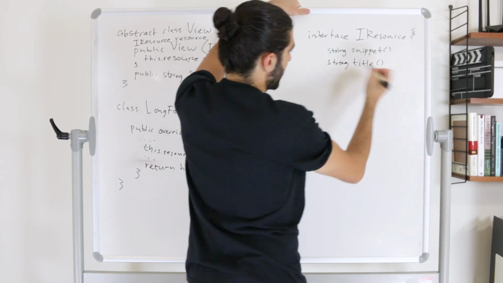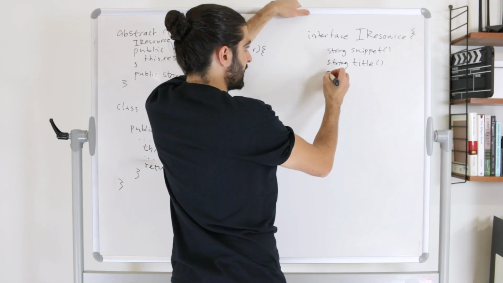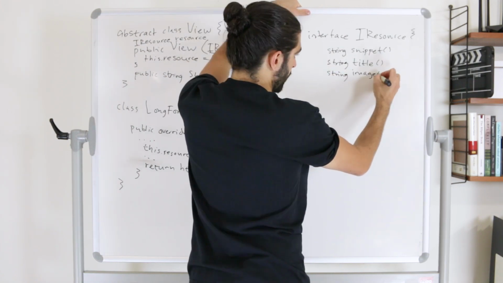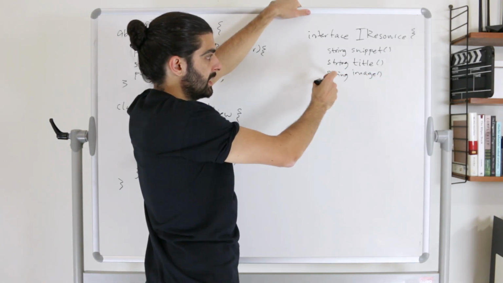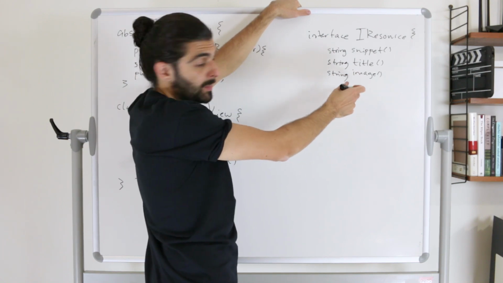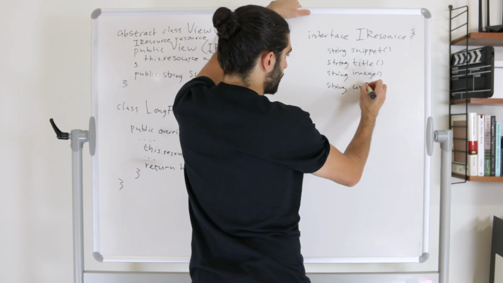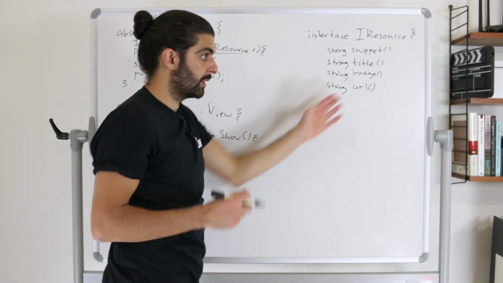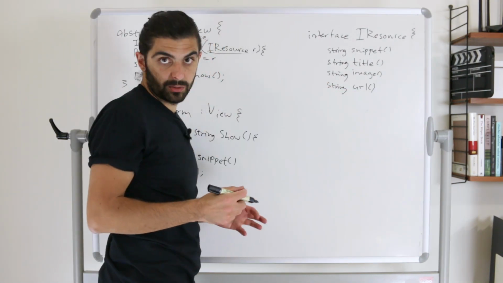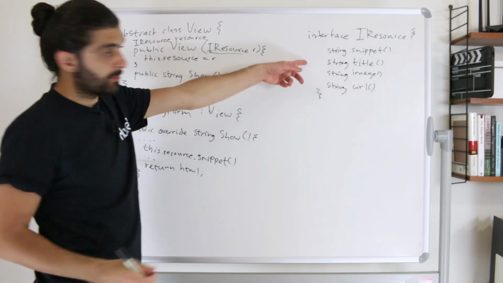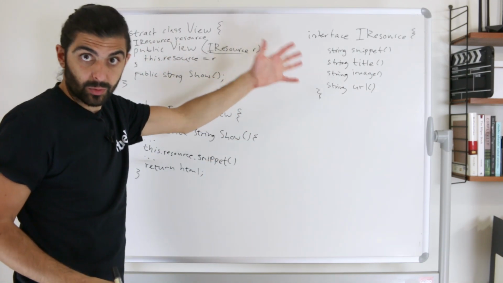Previously we didn't specify the types, but now I'm specifying the types. And then let's say also a string when I call image. Let's say that the string is a URL to that particular image. And then finally also a string when I call URL. So what URL do I want to visit when I click this resource? And let's close this up. And that's it for the iResource. That's it for the resource interface.